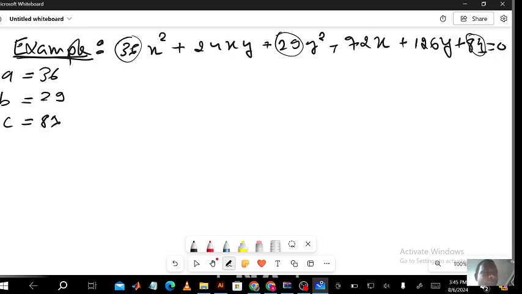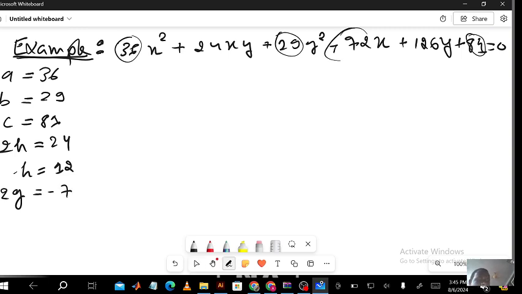Now if we come to determine the value of h, we know that 2h equals the coefficient of xy. So I'm going to have 2h equal 24, which means that h equals 24 divided by 2, which is 12. Now, we know that 2g is the coefficient of x, which is going to be equal to minus 72.